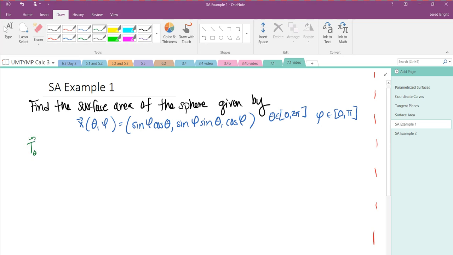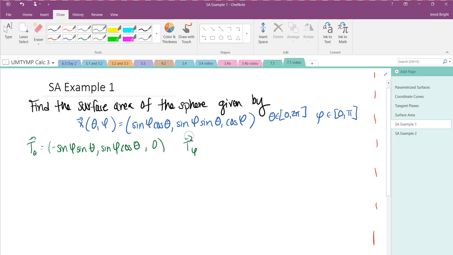If I find t theta, the derivative with respect to theta of our parameterization, I just get minus sine phi sine theta, and then sine phi cosine theta, comma 0.